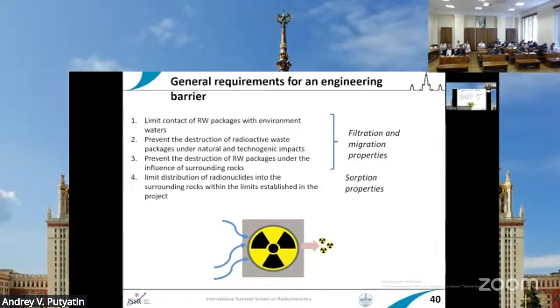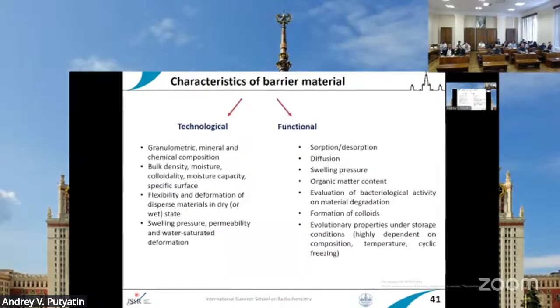First of all, it is a limitation of the contact of water with the canister. It is there to prevent damage of the canister and the release of the radionuclides. And if there is a release of radionuclides, it is the absorption of the radionuclides to limit their migration in the environment.